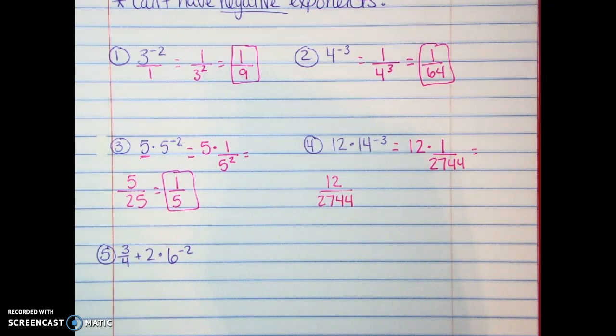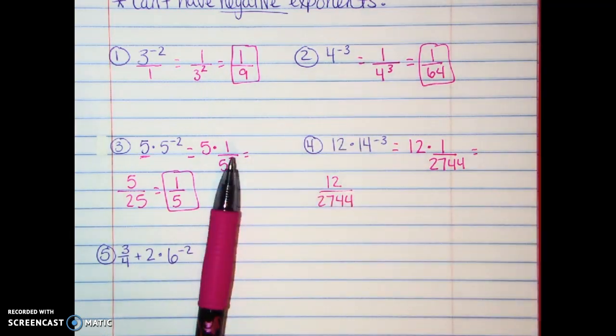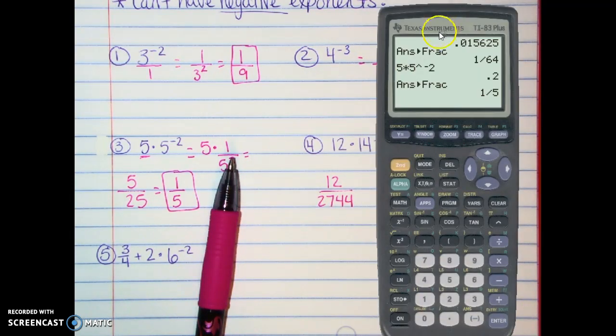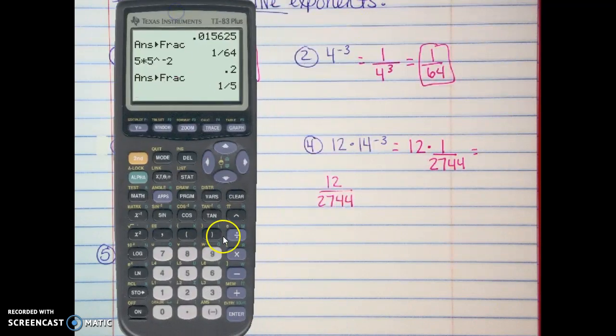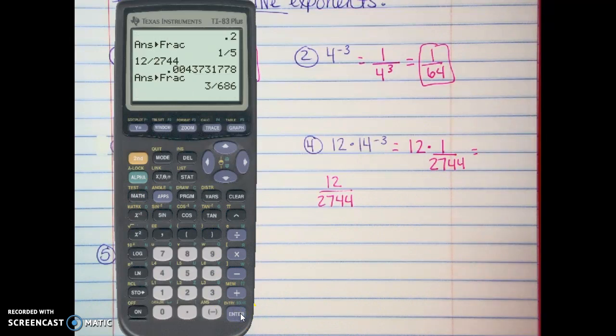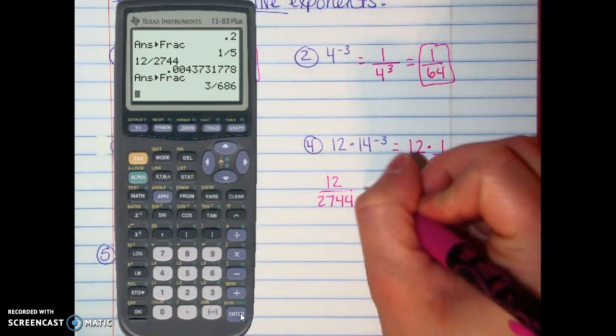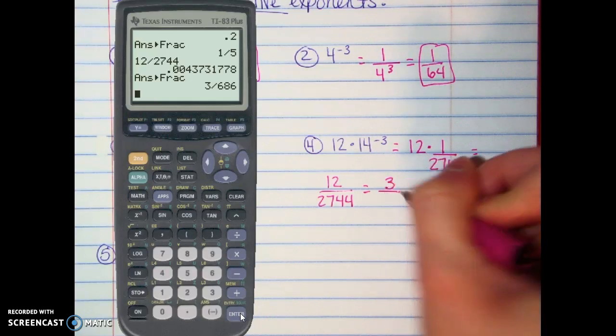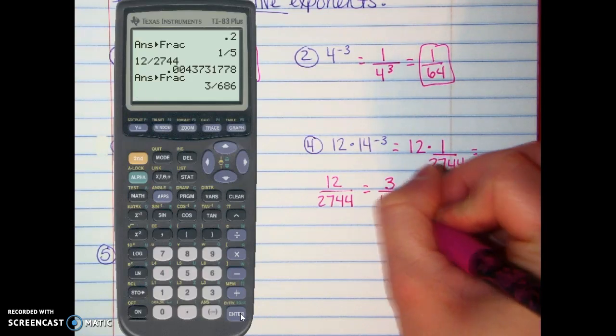And then if you're not sure, they are both divisible by 4. But if you're not sure about that, you can go to your calculator and have it do the work for you. So 12 divided by 2,744, and then math, enter. So this reduces to 3 over 686.